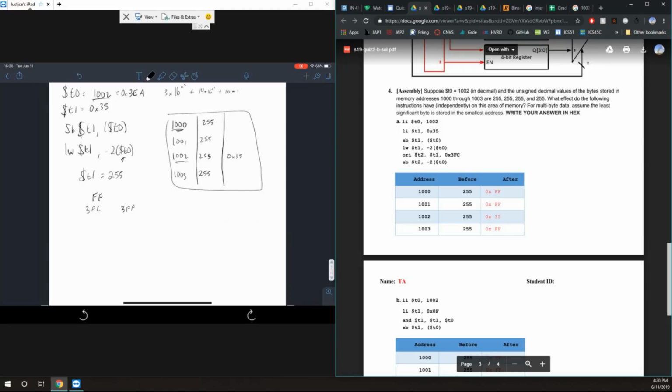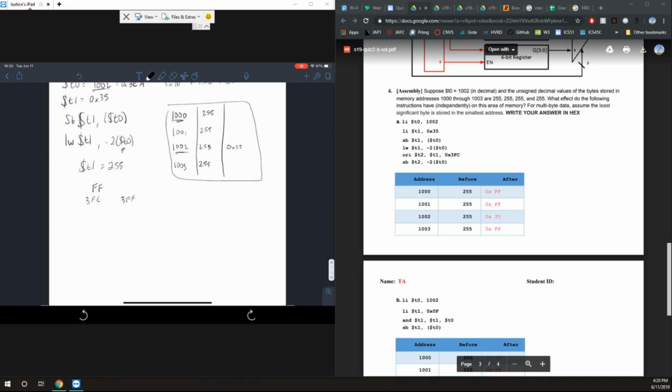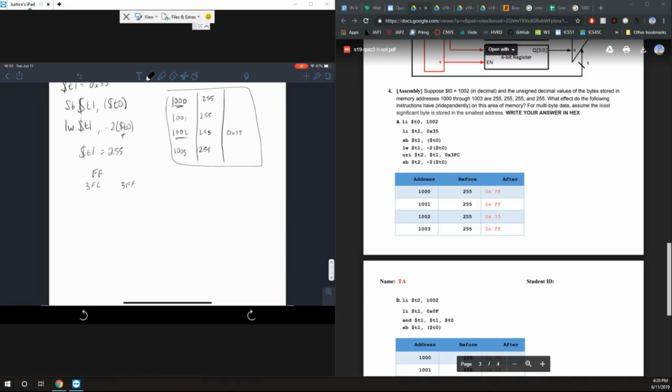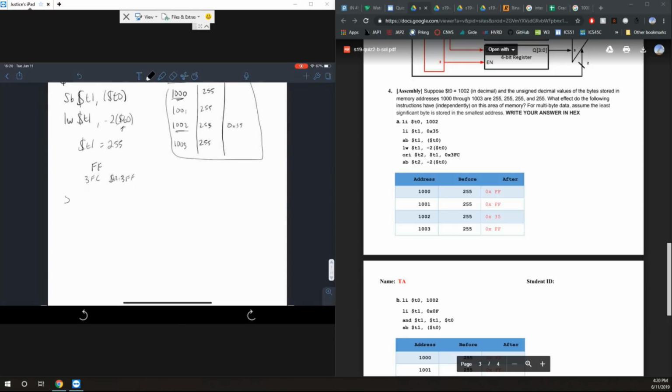Okay, so now T2 is 3FF. Then we store T2 into minus 2 T0, which again turns into 1000. So we look up here and we just store the byte, which ends up just being FF.